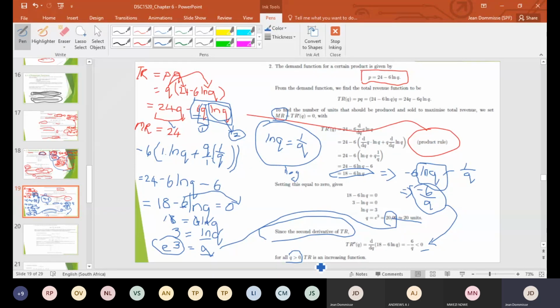Marginal revenue increasing function, marginal revenue decreasing function. So they can ask that. So in a sense, if I give you the second part, then you know you need to do the second derivative. But this is definitely the most difficult, and this wasn't easy.